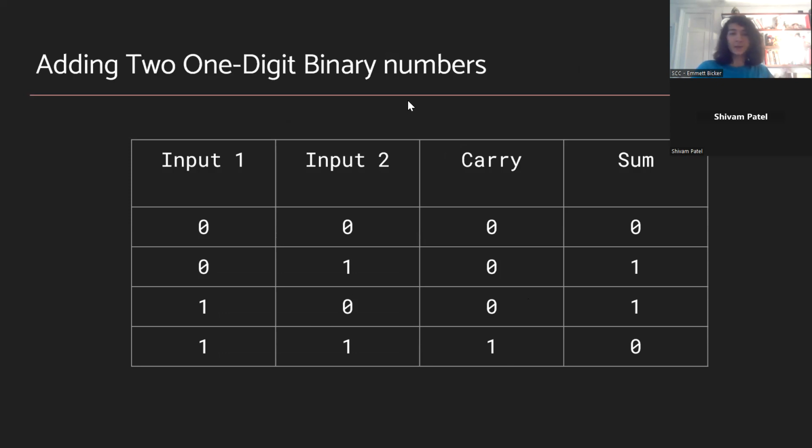So you can reconstruct this addition as a table. So I can say I'm adding one number as input and I'm adding another number as input, and I want to get a carry and a sum. So the carry is my twos place or my tens place, and it's the value that gets carried over if the sum is full, and then the sum is going to be the ones place. So do you know what logic gates I can use to represent the carry and the sum of my addition?